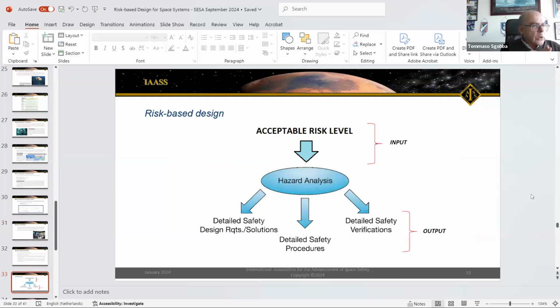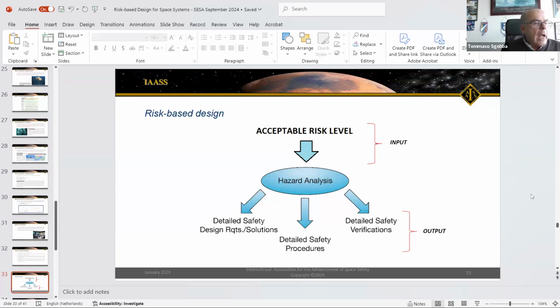Now, let's go back to one of the final points that I want to make today, and it is about acceptable risk. What I started saying was that when you look for the mitigation of hazards in the design of a new system, you have to achieve a certain acceptable risk level, and not beyond.